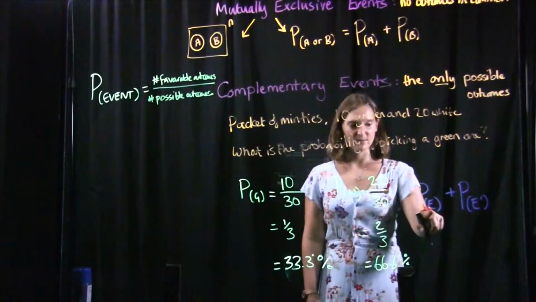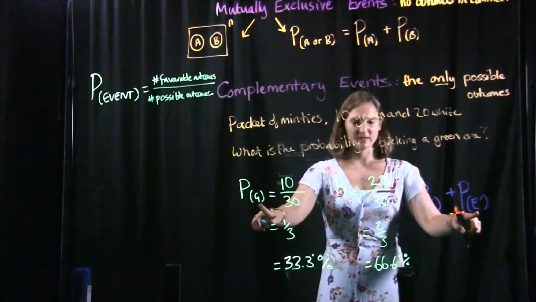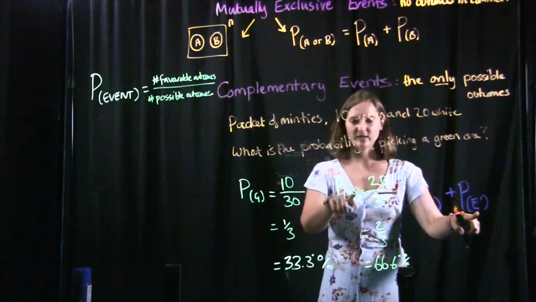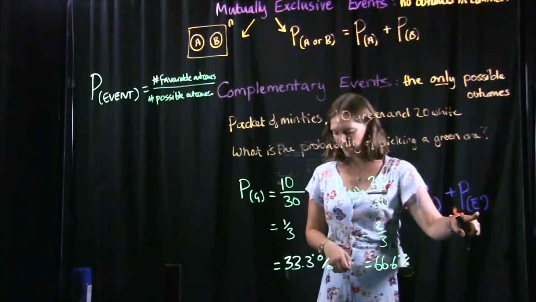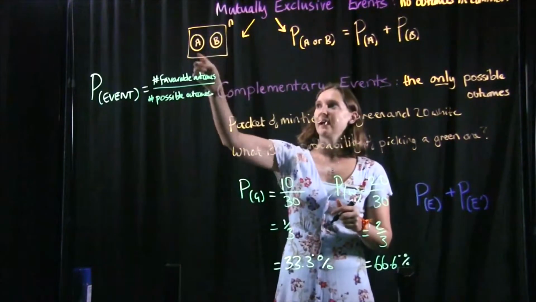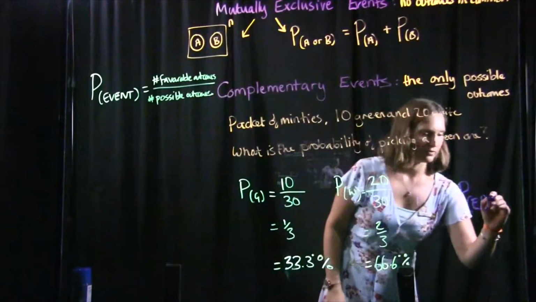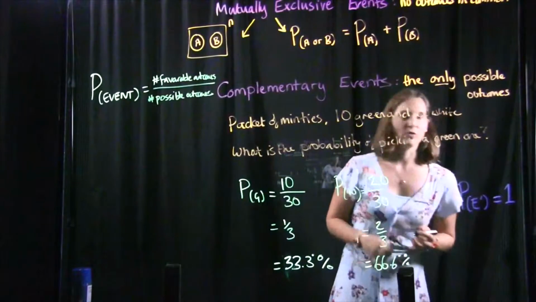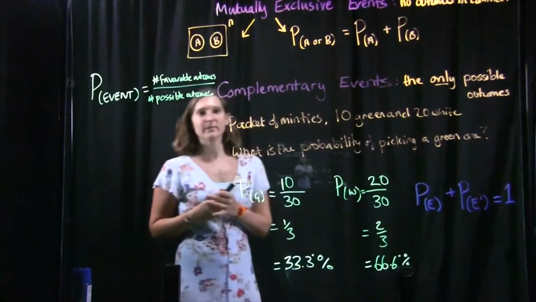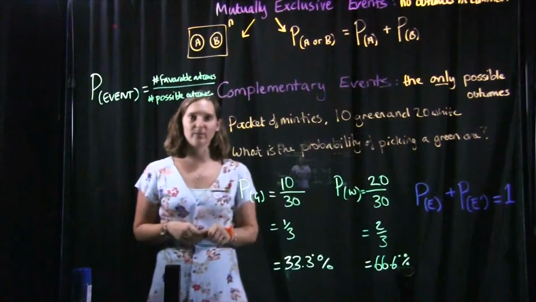So in our case it would be P, the probability of picking a green one, plus the probability of anything else, and in our case that was picking a white one. So remember, this prime goes back to your Venn diagram, and it's everything outside that space, and they are always equal to 1 or 100% if we're working in percentages. So that rule then applies for any event that is complementary.